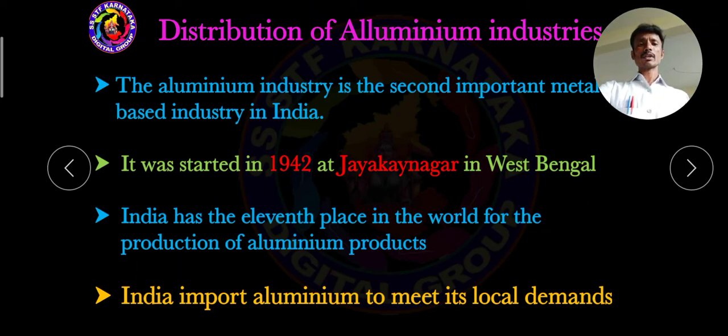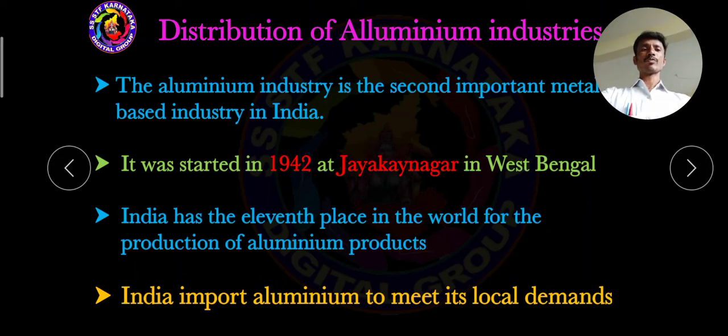India is the 11th country in the world in production of aluminium products, and the first aluminium industry started in 1942 at Jaykaynagar in West Bengal.